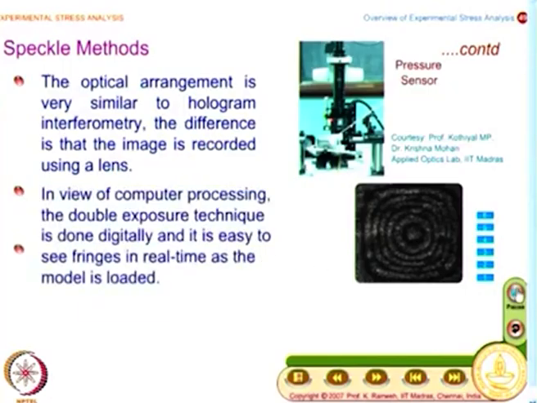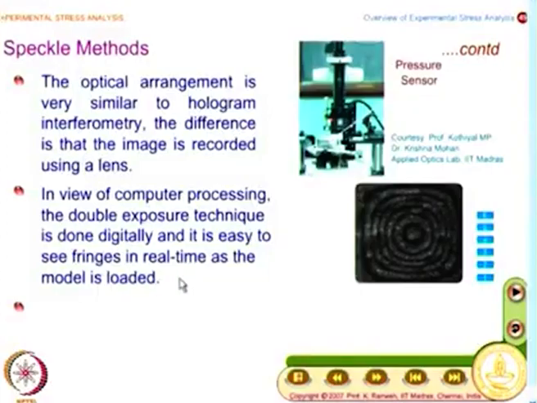And what you have here is, all these modern techniques, they employ computers, because of computer processing, the double exposure technique is done digitally. So, initially you stored the initial configuration in a file and use it for viewing the deformed configuration, and it is easy to see fringes in real time as the model is loaded.